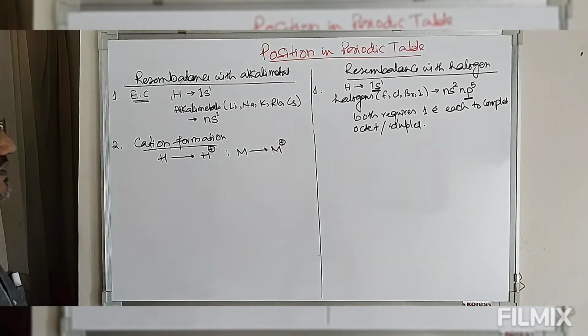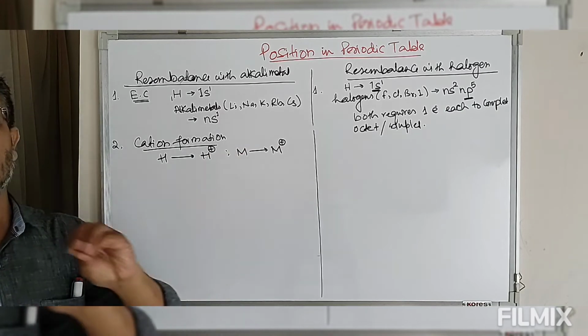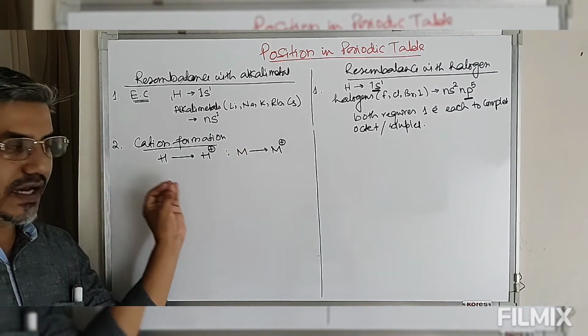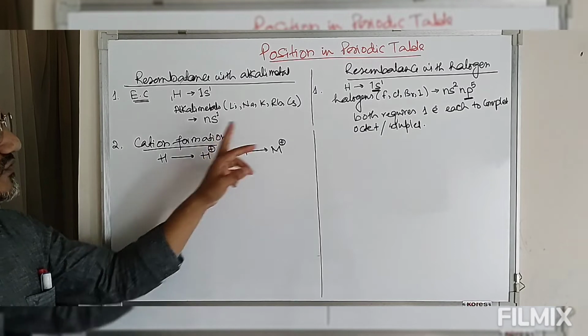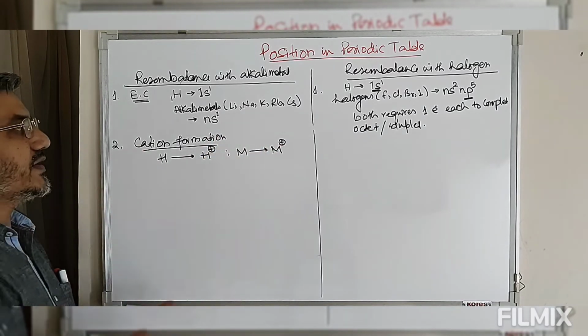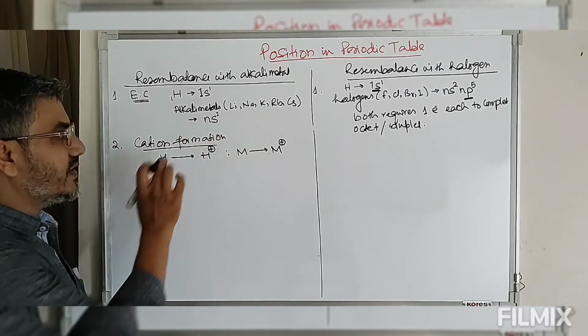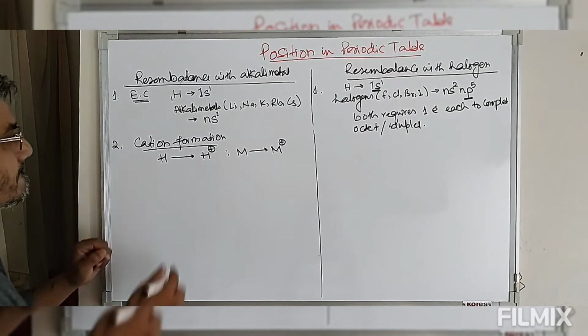So both hydrogen and alkali metals containing one electron can ionize to give you univalent positively charged species. But now look at this, the ionization energy of the metal is less, whereas the ionization energy of hydrogen is very high.